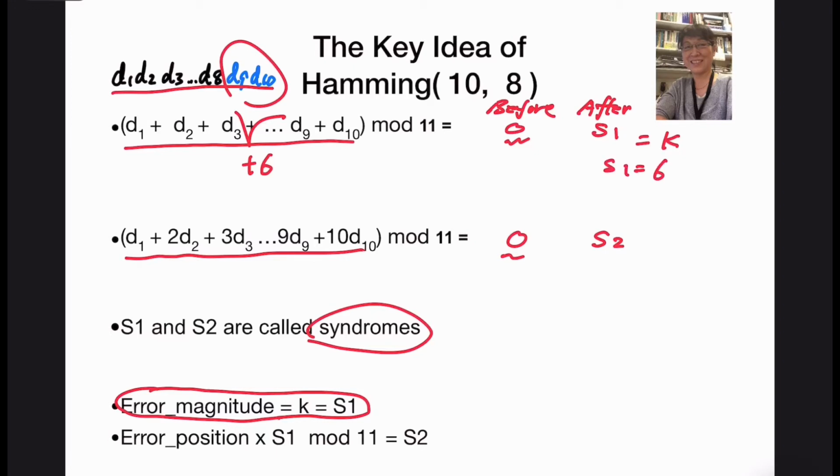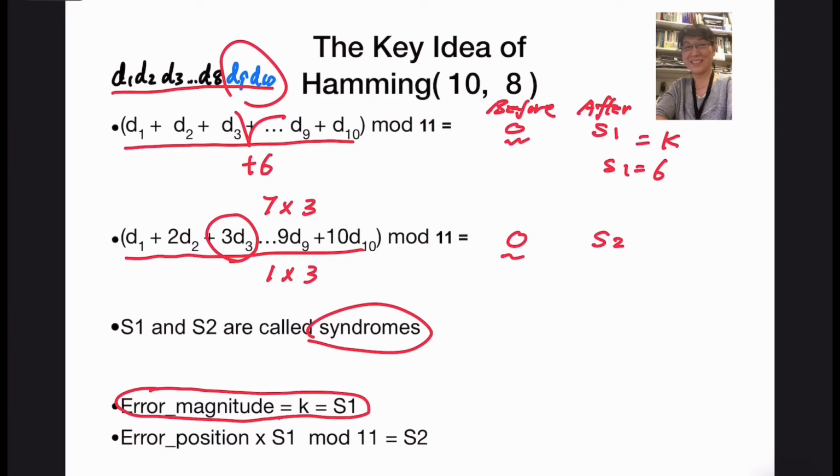Now, how about the error position? That will rely on my second equation. Because every item here is weighted, for example, if you made a mistake at position 3, you will have 7 times 3, as opposed to 1 times 3.